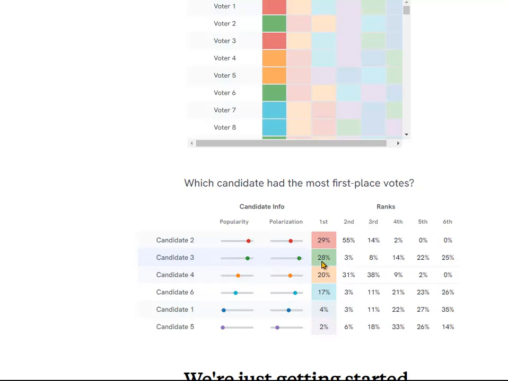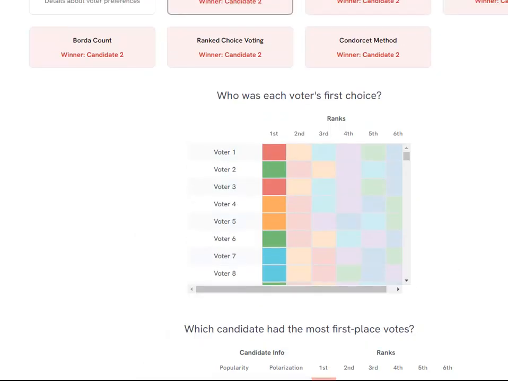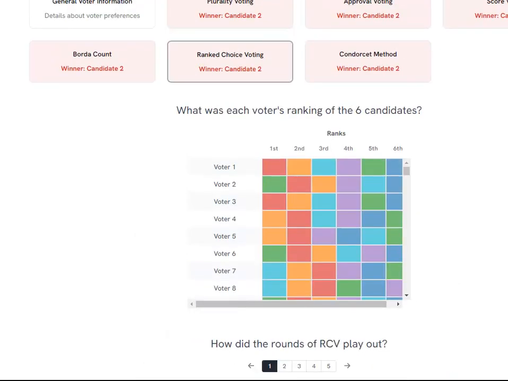So if candidate 3 had gotten just 2% more, candidate 3 could have won the plurality vote. But with ranked choice voting, we saw that those 2% wouldn't have made much of a difference.